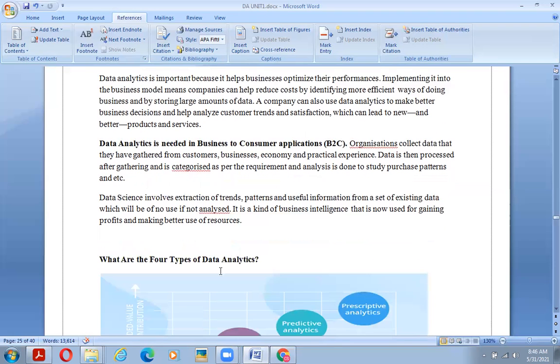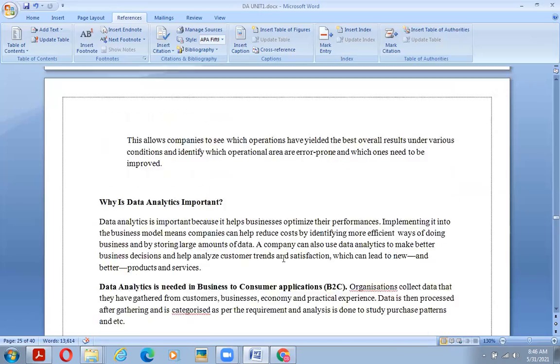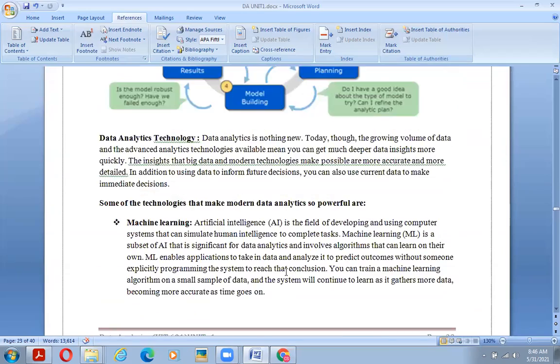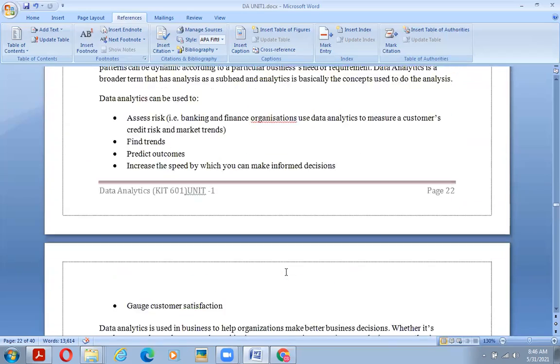Data science involves extraction of trends, patterns, and useful information from a set of existing data, which will be of no use if not analyzed. This kind of business intelligence is how we gain profits and make better use of resources. This is the way data analytics explores itself within a system with the help of the objective.